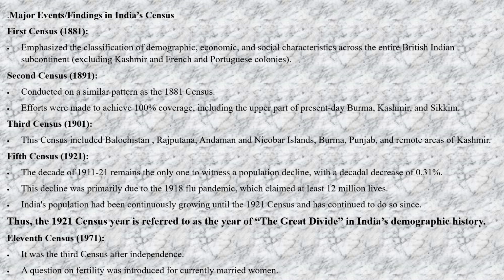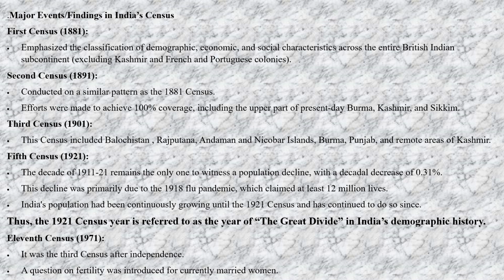Efforts were made to achieve 100% coverage, including the upper part of present-day Burma, Kashmir, and Sikkim. Third census, 1901. This census included Balochistan, Rajputana, Andaman and Nicobar Islands, Burma, Punjab, and remote areas of Kashmir.